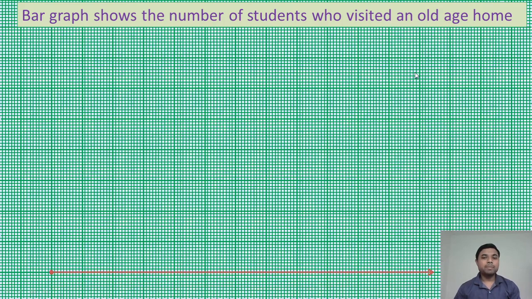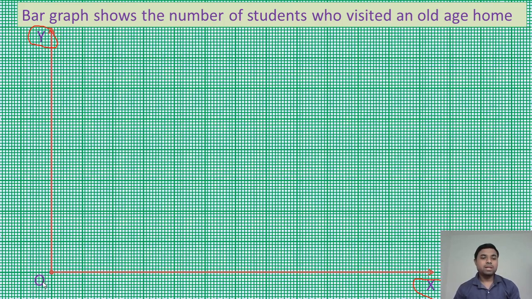To draw a bar graph, you need two axes. Here this is the horizontal axis, the x-axis, and another is the vertical axis, the y-axis. Write capital X here and capital Y here, and just see, this is the intersection, this is the origin.